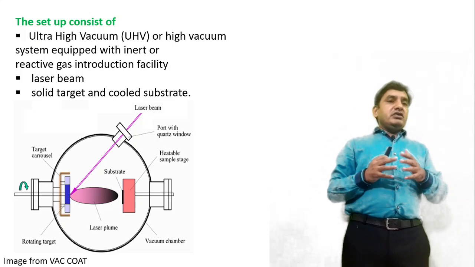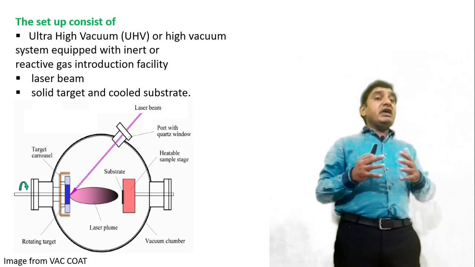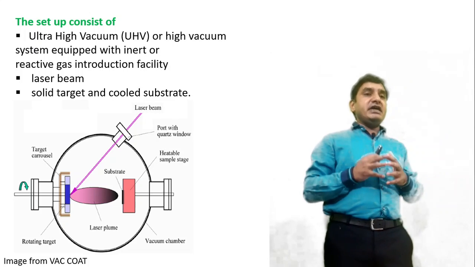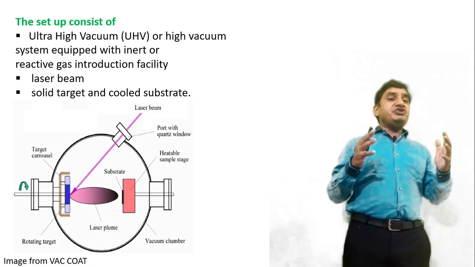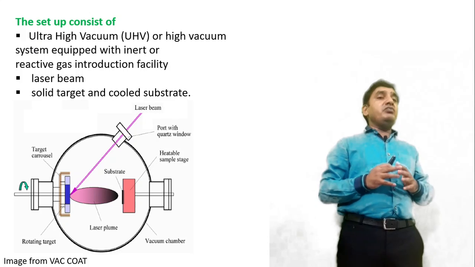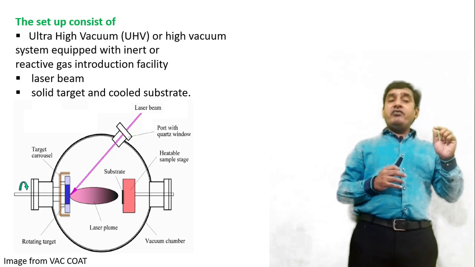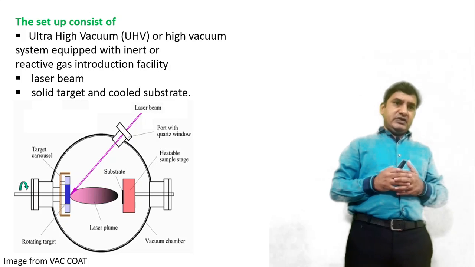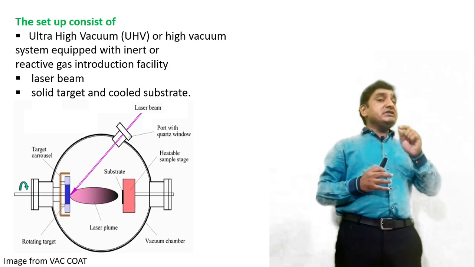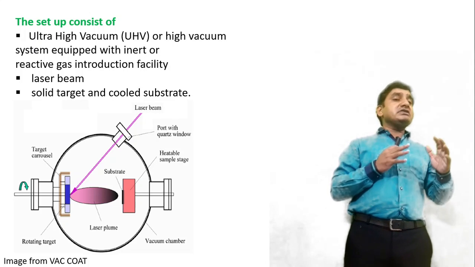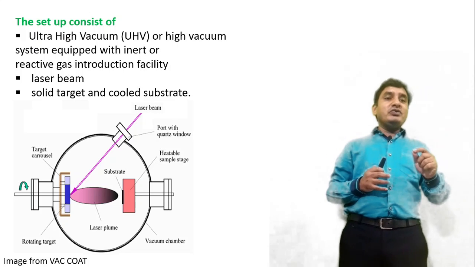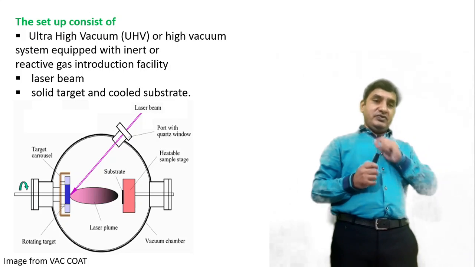Here, we can introduce the inert gas inside the vacuum chamber, and the vacuum is ultra high vacuum. Generally, we can use argon gas. The laser beam is incident on the target material through the quartz window.